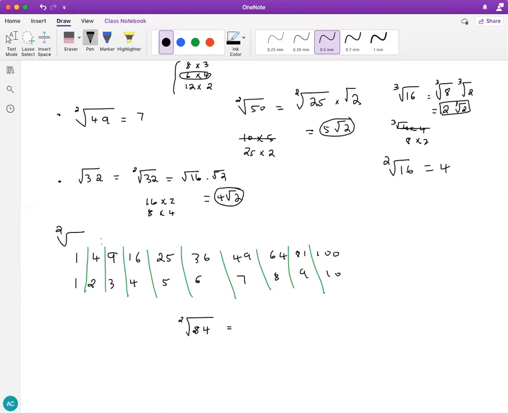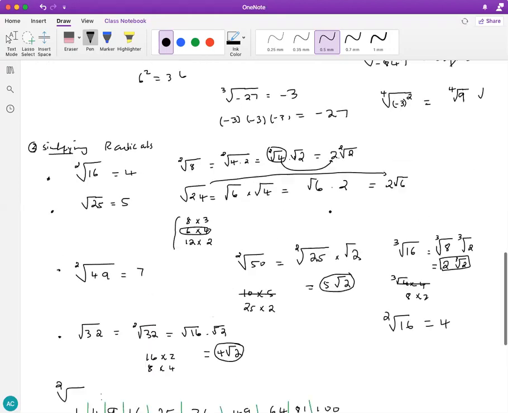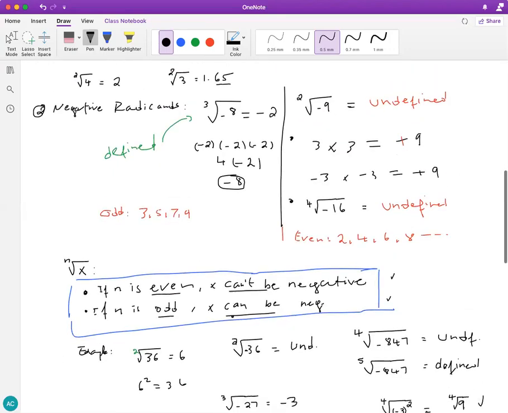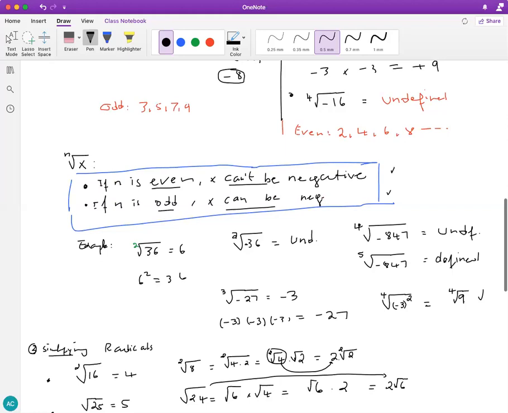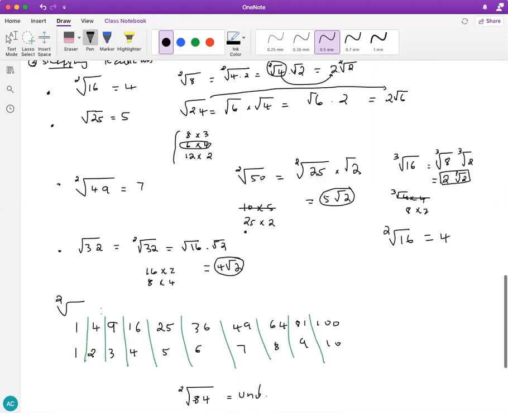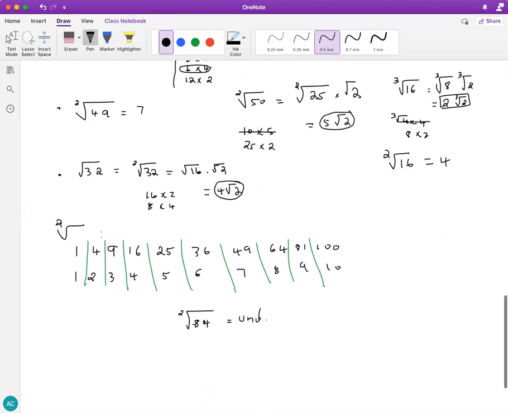Whenever you have a negative inside the radical, check this: if the index is even and the inside is negative, that's undefined. So we don't even need to try to simplify it. Always use these rules and check that before you start solving. You may waste time finding something that does not exist.